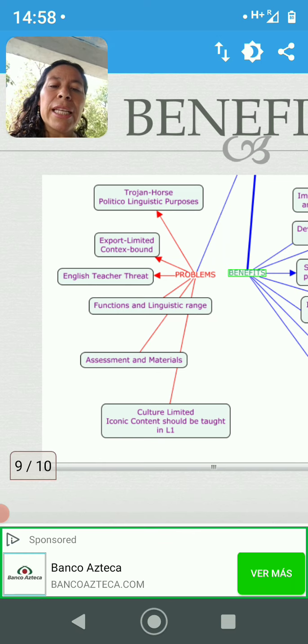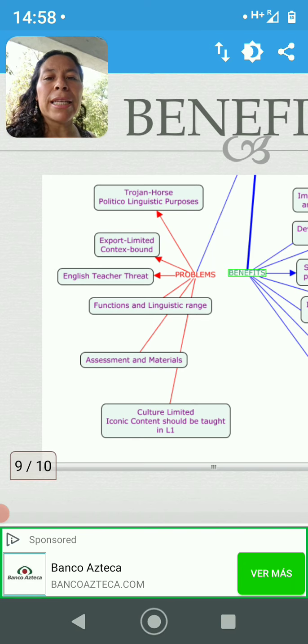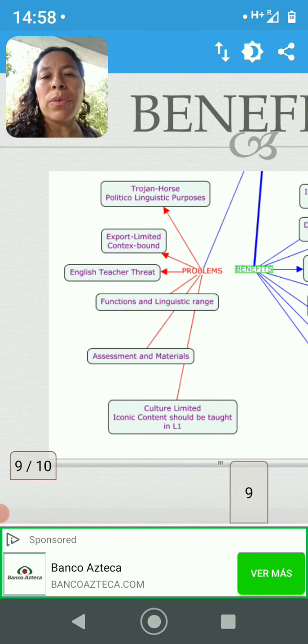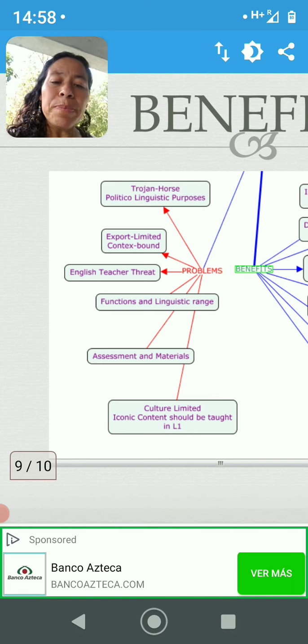It is also culture limited, because some iconic contexts, such as Spanish in Mexico, need to be taught in Spanish. Obviously, some cultural subjects such as history could be taught, like national history in Spanish, and then we can see world history in English or in other languages depending on what our needs are.